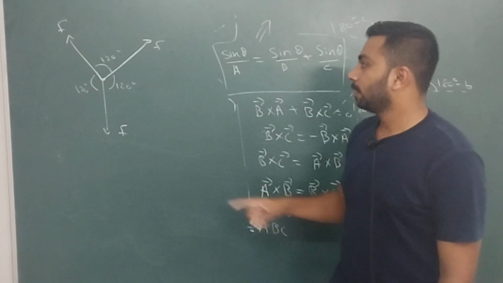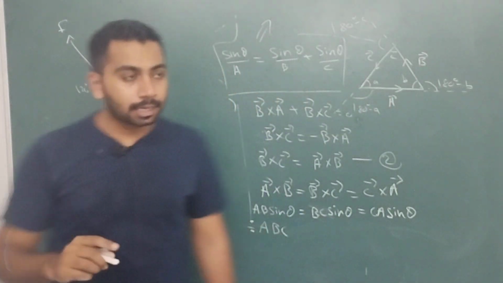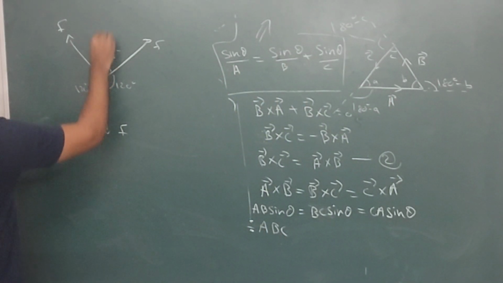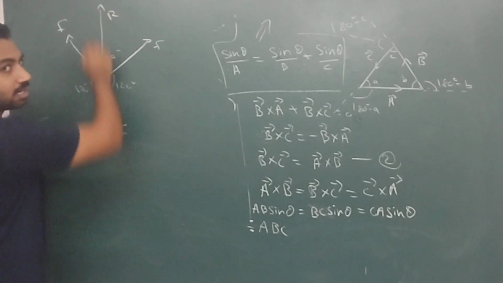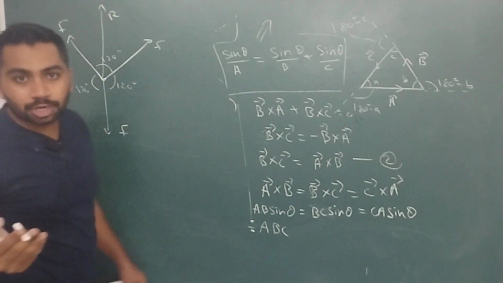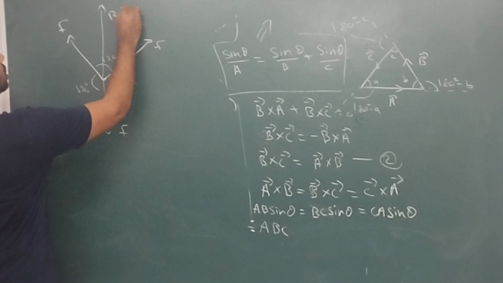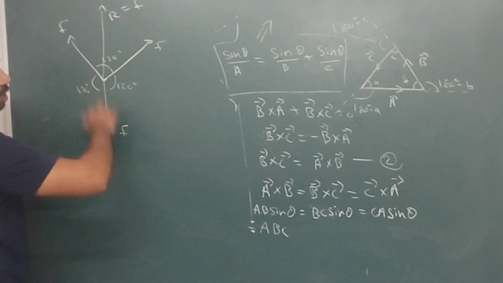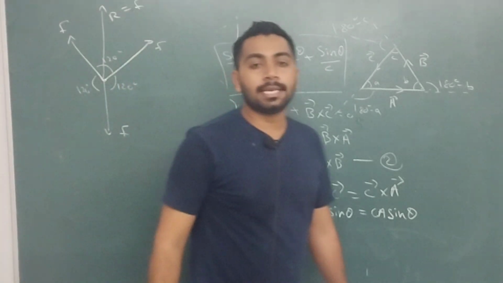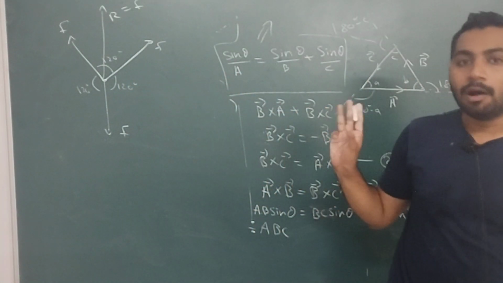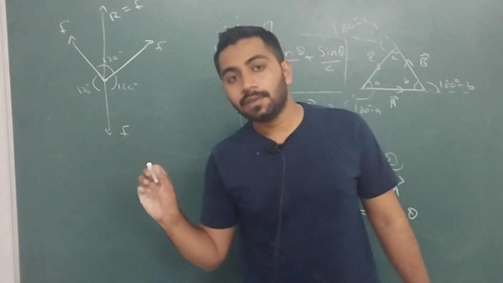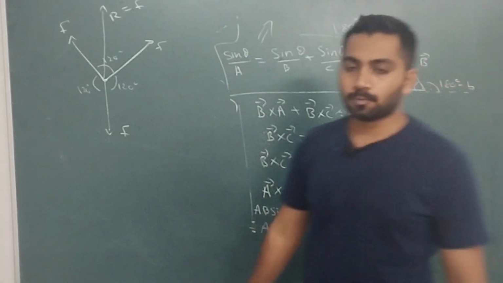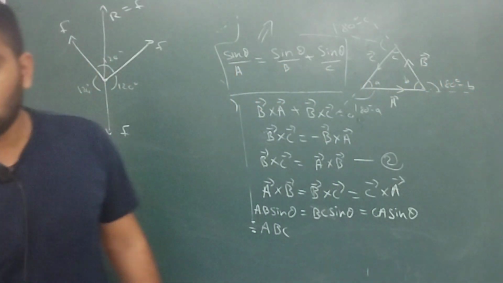Now the resultant of both comes exactly here, it is also f, and the third f is in the opposite direction, so they cancel each other. So you can say three vectors at 120 degrees with each other with the same magnitude give a resultant of 0.